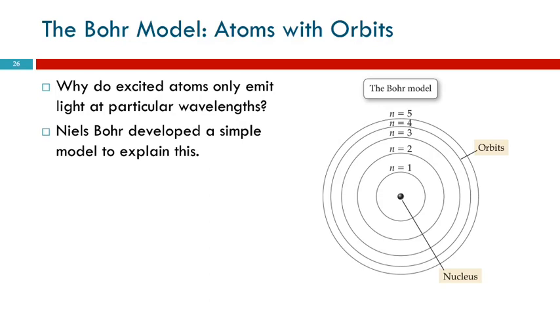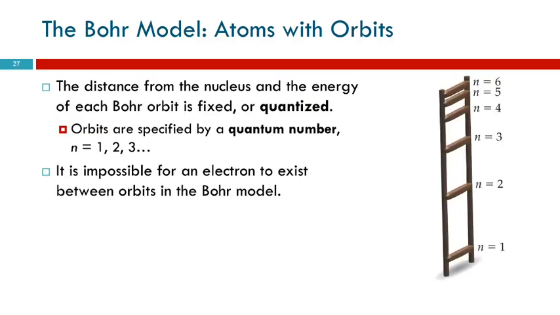They can't just waver around. You're in one orbit or you're in the next orbit. And we call something like that quantized. So the distance from the nucleus to the orbit is quantized. That means also that the energy of the orbit is quantized. And so we specify those orbits by quantum numbers 1, 2, 3, etc. You can't be in between orbits in the Bohr model.